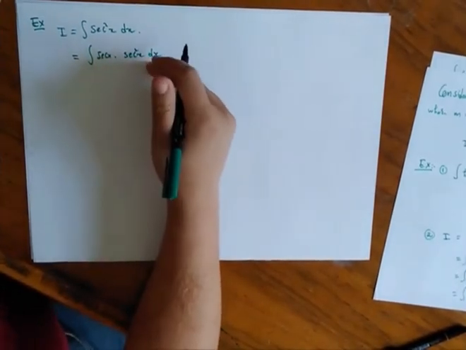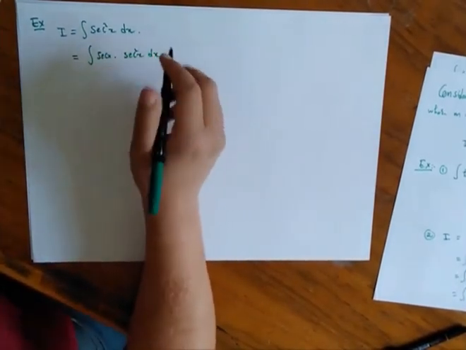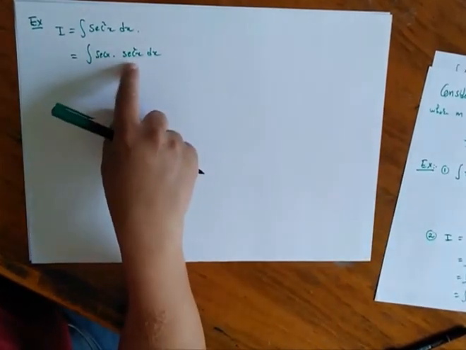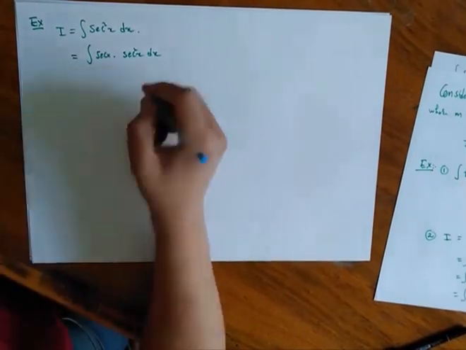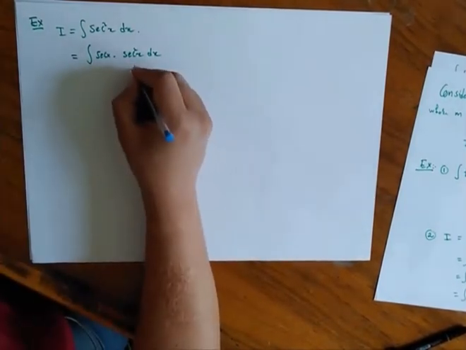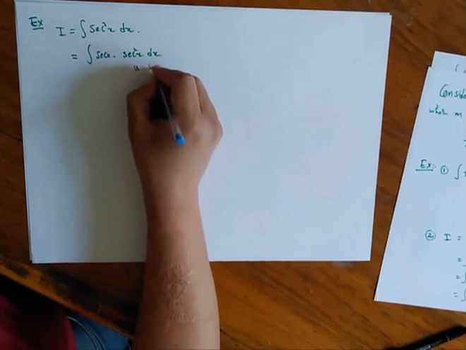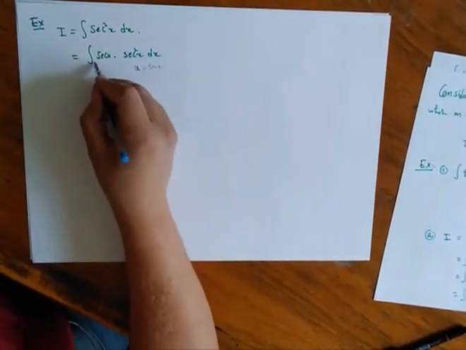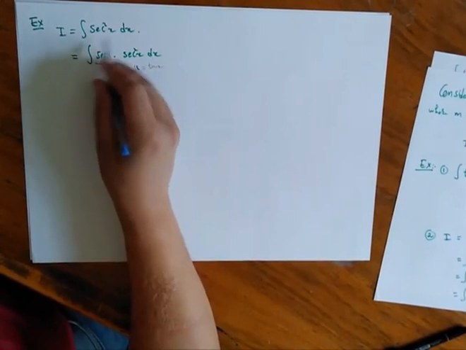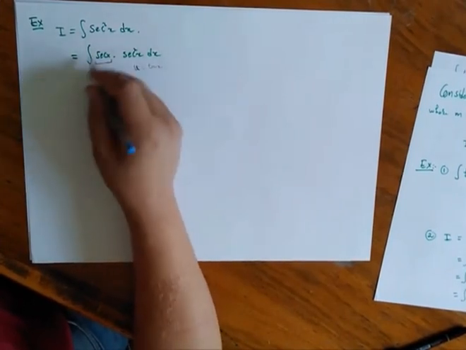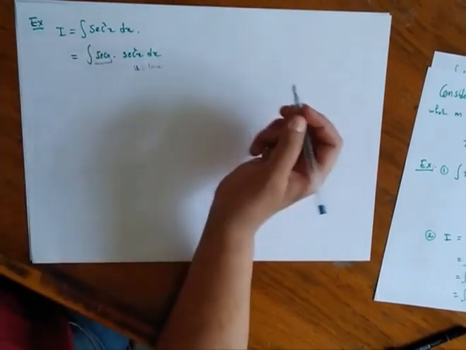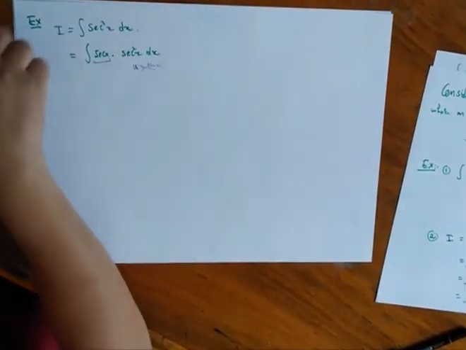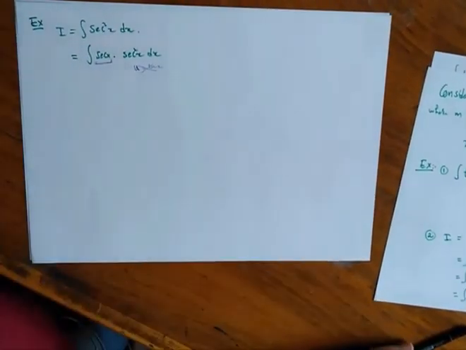Here you cannot think in the same way as before, where maybe I can choose u to be tan x. In this way, you have to write everything in terms of tan, and the remaining part of the integrand has to be written in terms of tan, and this is not easy because you will have a square root, since the power here is odd. So this doesn't work here.